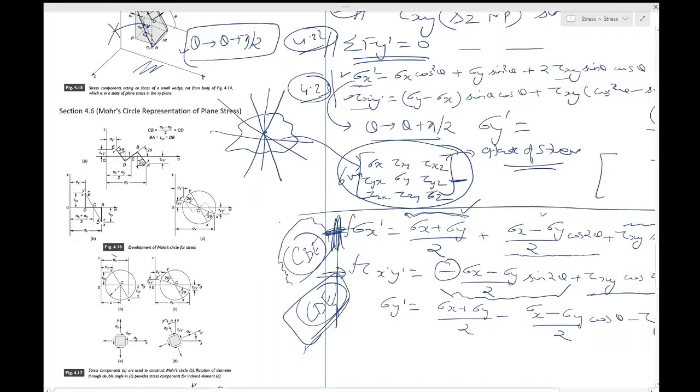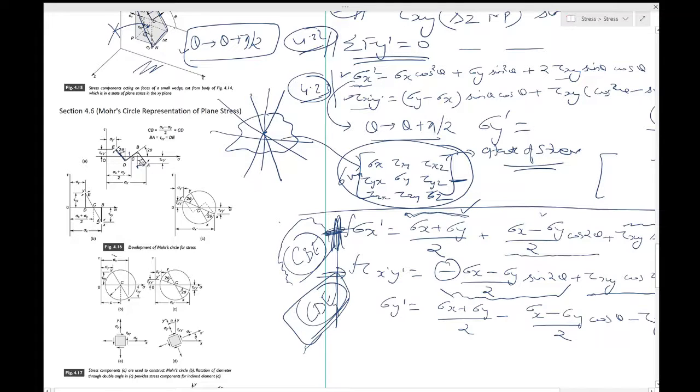Similarly, the abscissa of points D and E will be sigma y. So D and E, remember the abscissa of E was sigma y dash. Now also it will be the same, but D will come vertically below E because theta is equal to 0. So D and E will be sigma y dash.